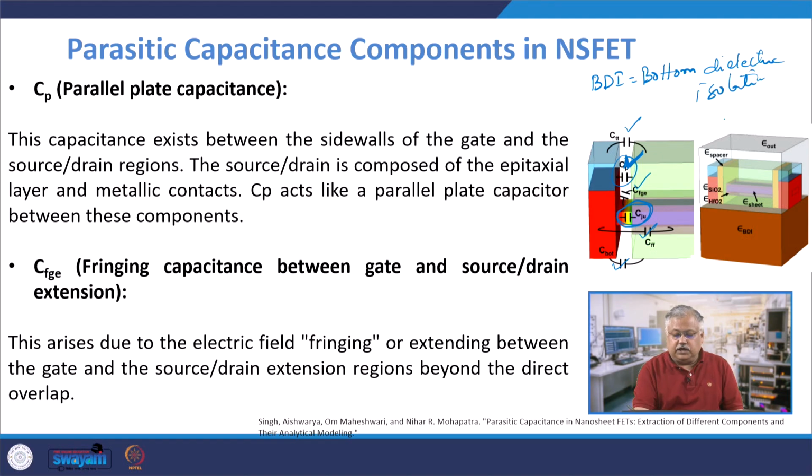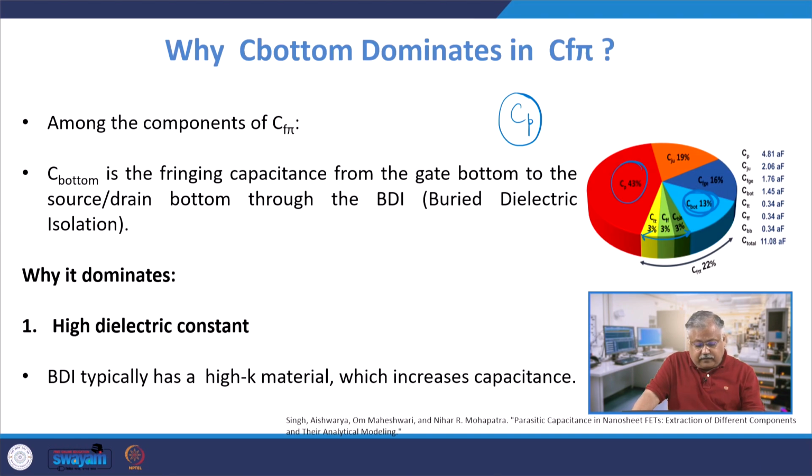This is meant to reduce your off currents and to not allow a fourth channel to form beyond the 3 channels, because if you remove BDI, then there is a probability that the source and drain region might be connected through the silicon layer, and just like a bulk MOSFET will form a channel. You don't want the calibration to fail, and second, you don't want the power dissipation to go high. So you generate a bottom dielectric isolation, which is basically silicon dioxide. When you do that, because of the high dielectric constant of BDI, the capacitance increases, and that is the reason it is approximately 10% larger than other forms of CF pi.